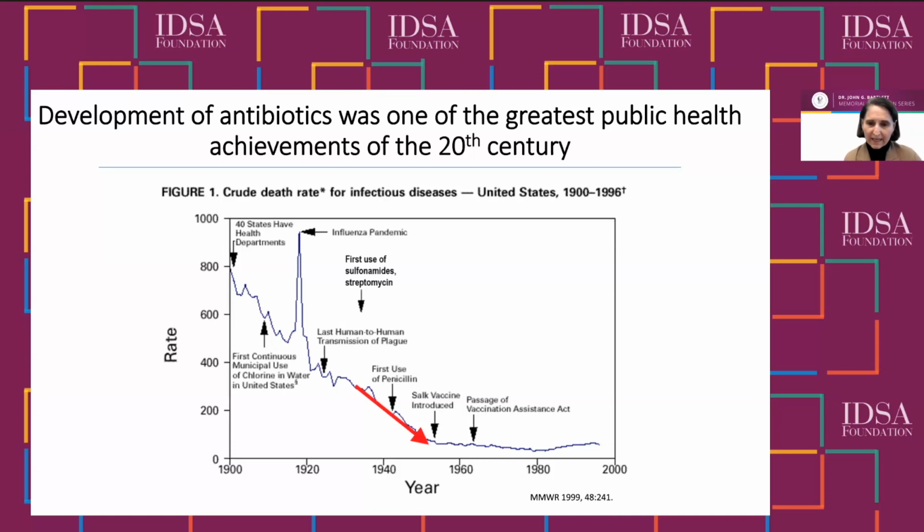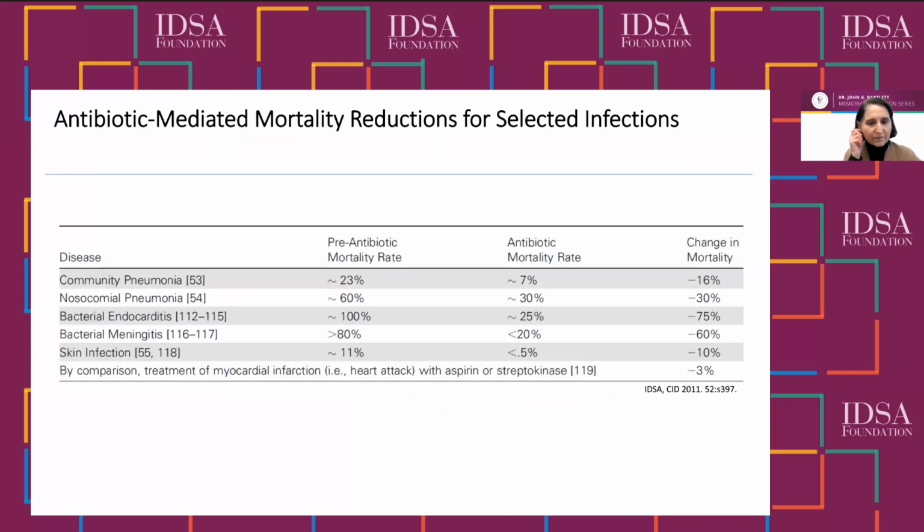And the next slide shows you some rationale for that. So this shows you antibiotic-mediated mortality reductions for selected infections. So you can see that in the pre-antibiotic era, community-acquired pneumonia had a mortality rate of about 23%, down to 7% with antibiotics. Nosocomial pneumonia had an even higher mortality and an even greater change in mortality with antibiotics.